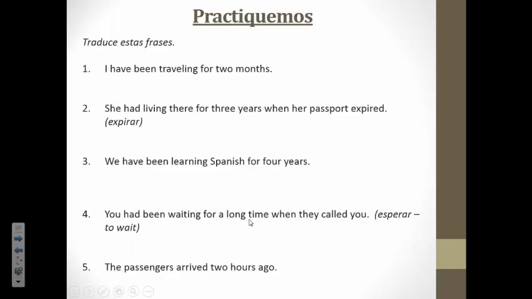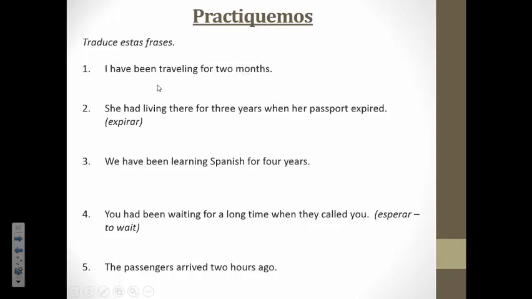Okay, now let's practice these a little bit. We've got some translations. We'll do number 1 together. I have been traveling for 2 months. Okay, so this is present tense here, so you've got to use hace with that time expression and que. So we've got hace. Our time expression is 2 months.